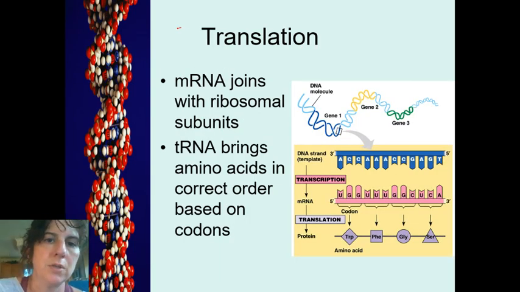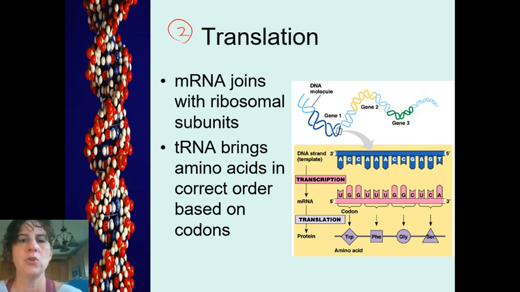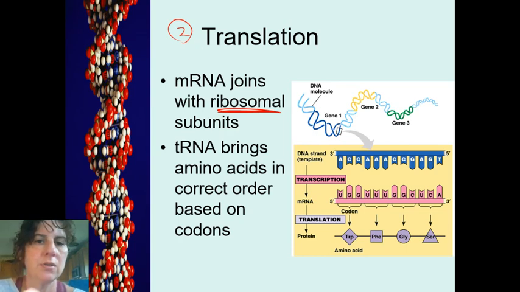Translation, step 2. Messenger RNA that's already been made now leaves the nucleus, goes to a ribosome where they hook up, join together. That's the beginning of translation. Then tRNA is going to come in and bring in the correct amino acid.